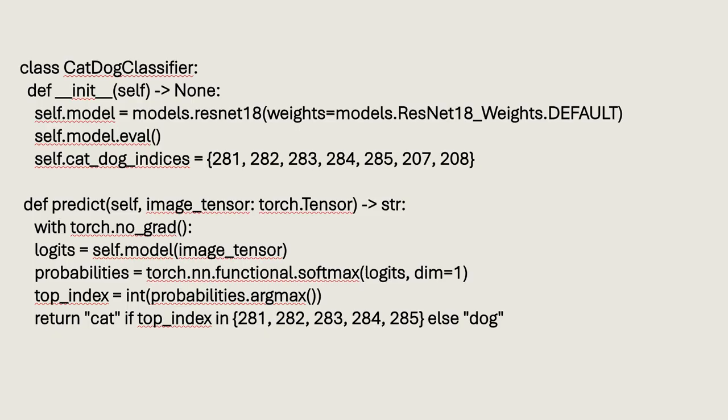Okay, so then we use the function probability.argmax. This finds the index of the class with the highest probability, which represents the predicted class label.